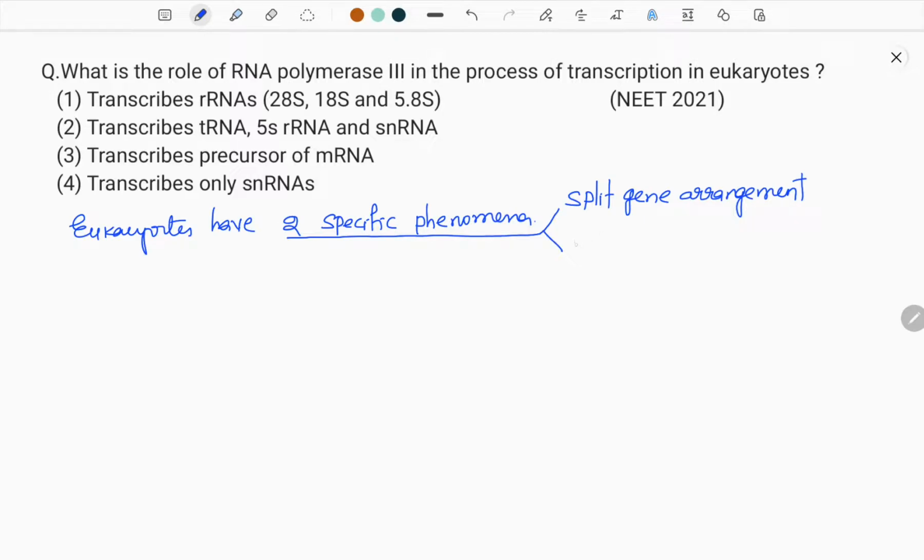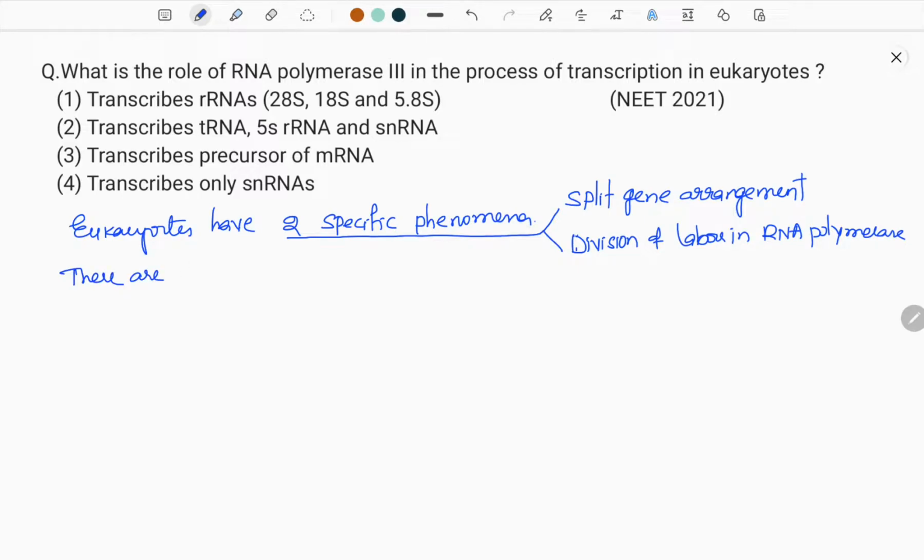Another is division of labor in RNA polymerase. That is, there are three kinds of RNA polymerase.